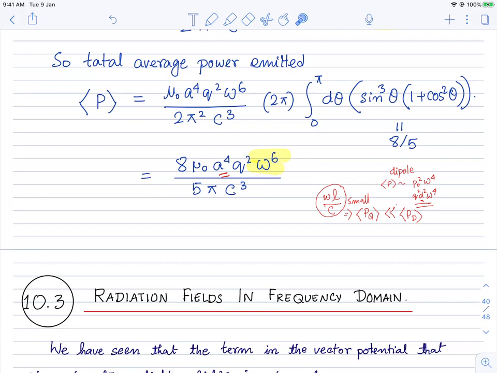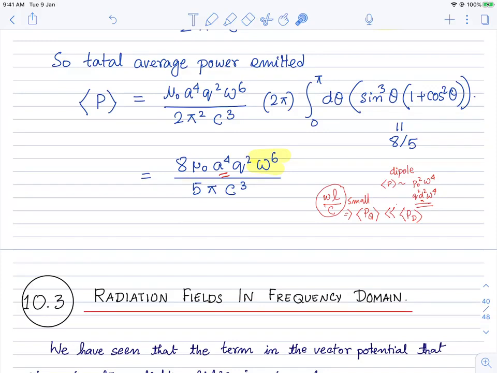So basically there are these three terms that we discussed. Of course there can be a situation where there's simultaneously electric dipole radiation, magnetic dipole radiation, and electric quadrupole radiation. All of these things can happen simultaneously.